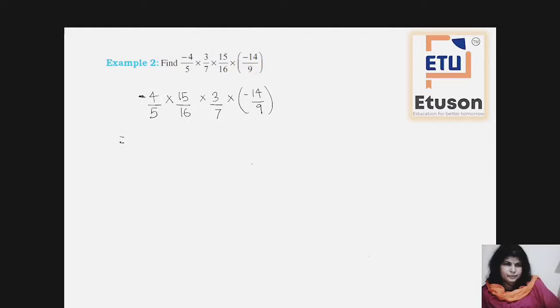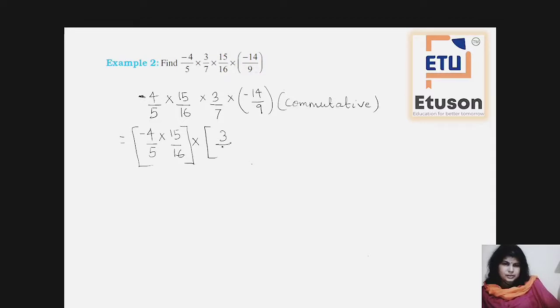Then I will group it. In the first line we have used the commutative law, commutativity.